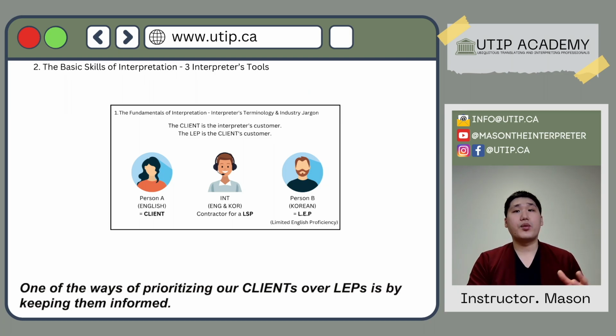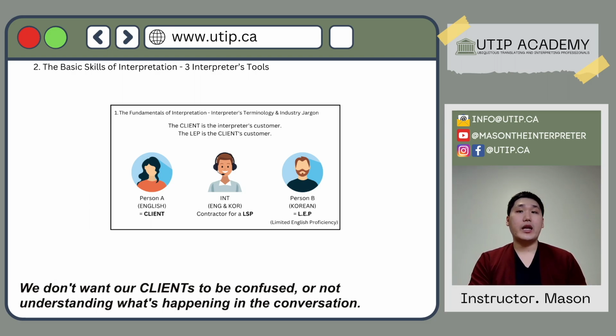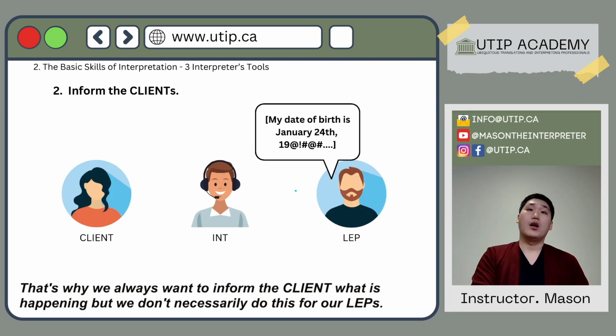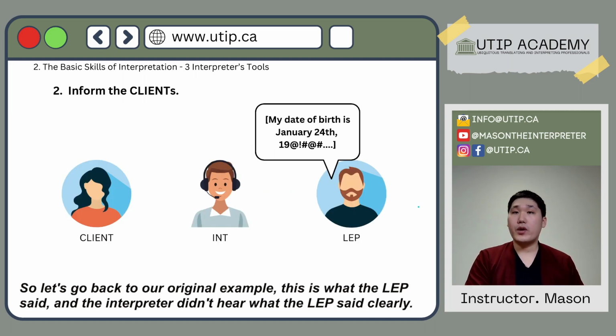One of the ways of prioritizing our clients over LEPs is by keeping them informed. We don't want our clients to be confused or not understanding what's happening in the conversation. That's why we always want to inform the client what is happening, but we don't necessarily do this to our LEPs. So let's go back to our original example.